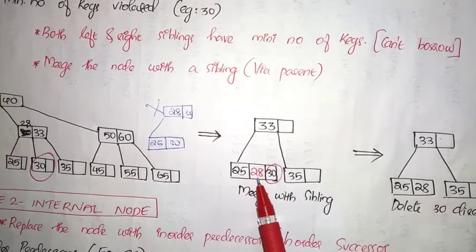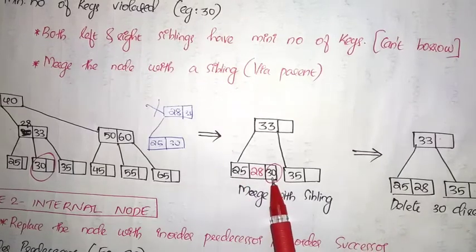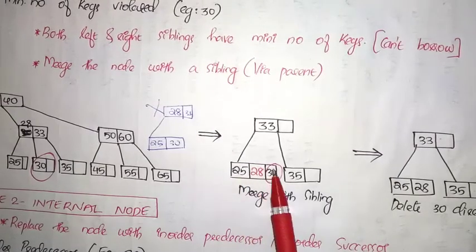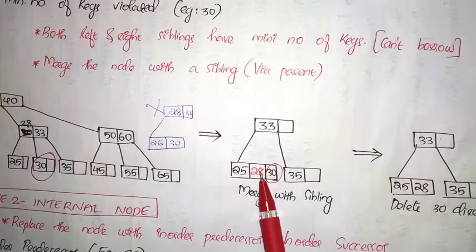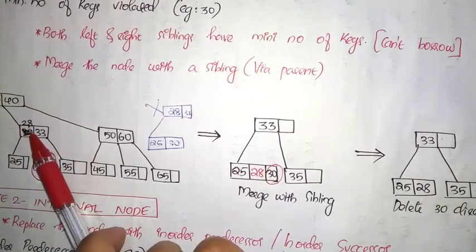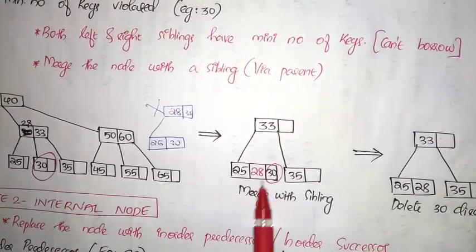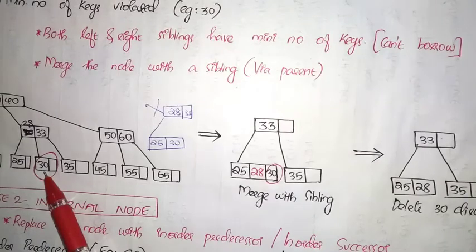If I bring this 28 downwards, then I can directly merge this 25 and 30 keys and place them in a single node. Okay, the changes happening here are 28 is brought downwards along with this 25 and 30, and this 25 and 30 are merged, and in between them this 28 came down.